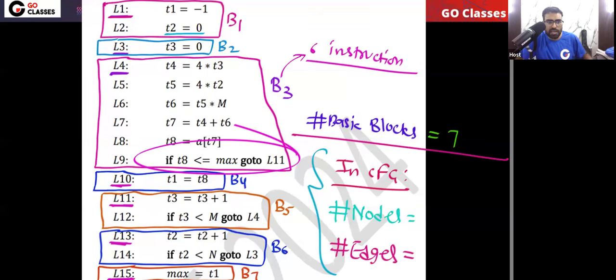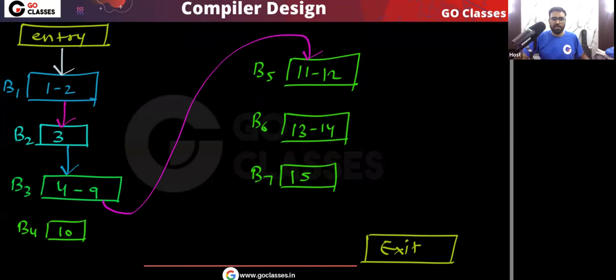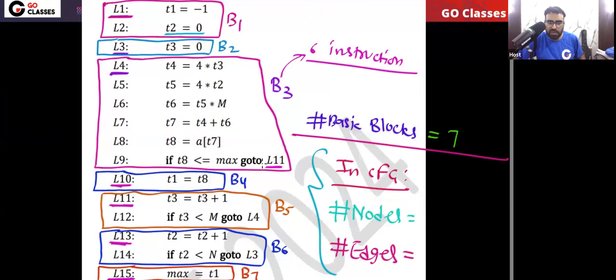The last instruction of basic block b3 is a conditional jump instruction, so there will be two outgoing edges. One edge will go to the basic block containing L11, and one edge will go to the next basic block, because this is a conditional goto.